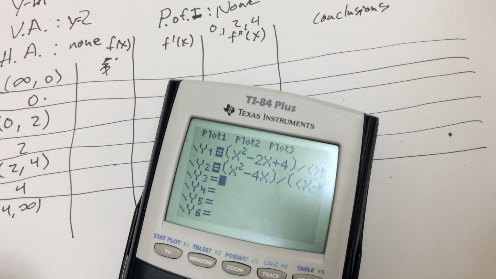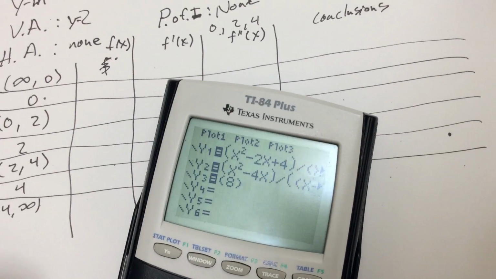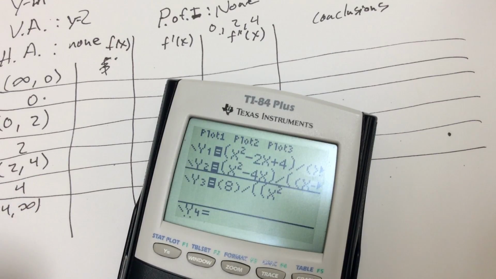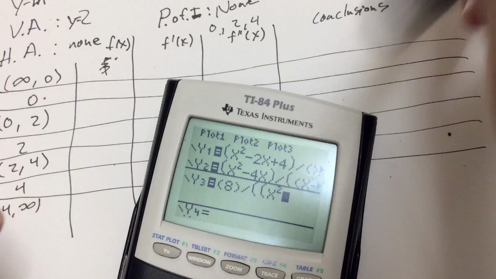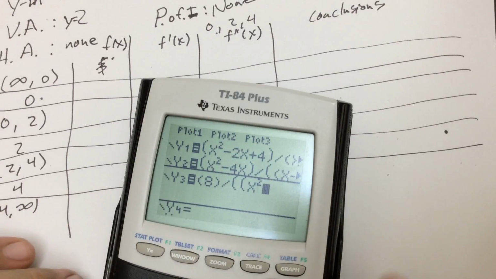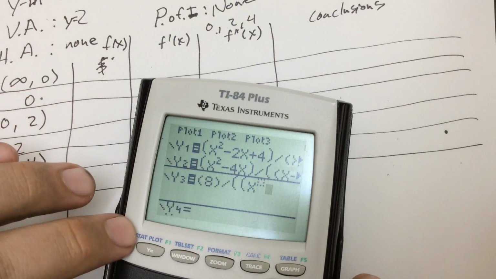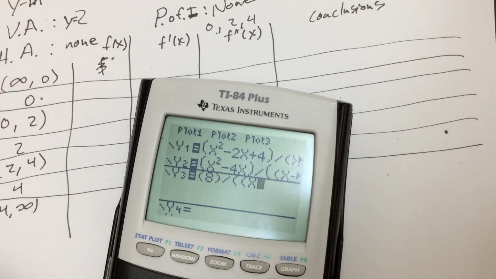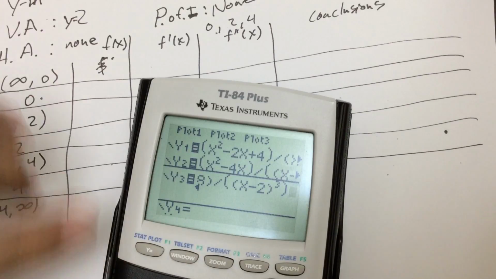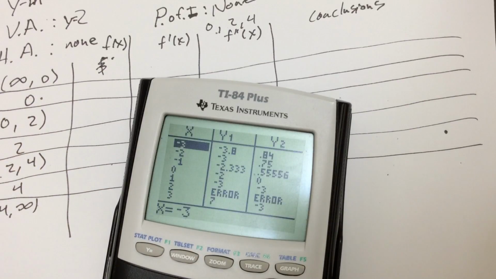Y3 is going to be my second derivative, which is just 8 divided by... oh, it should just be x. Don't know where I was going with that. So it should be x minus 2 to the third. There we go.